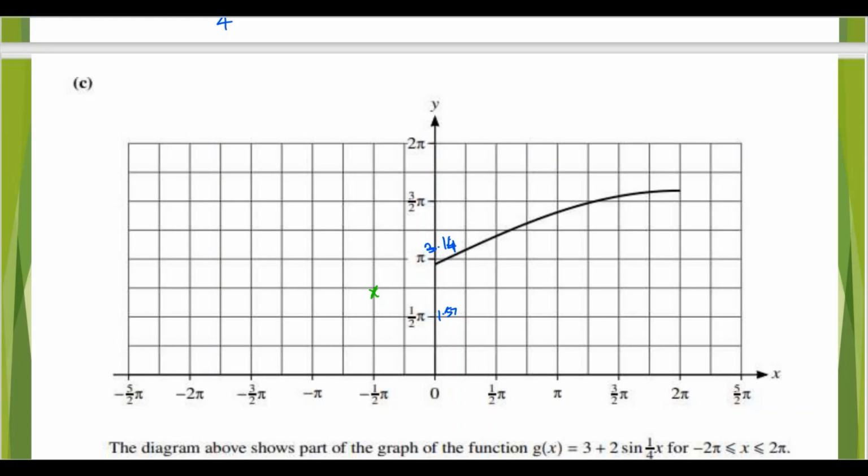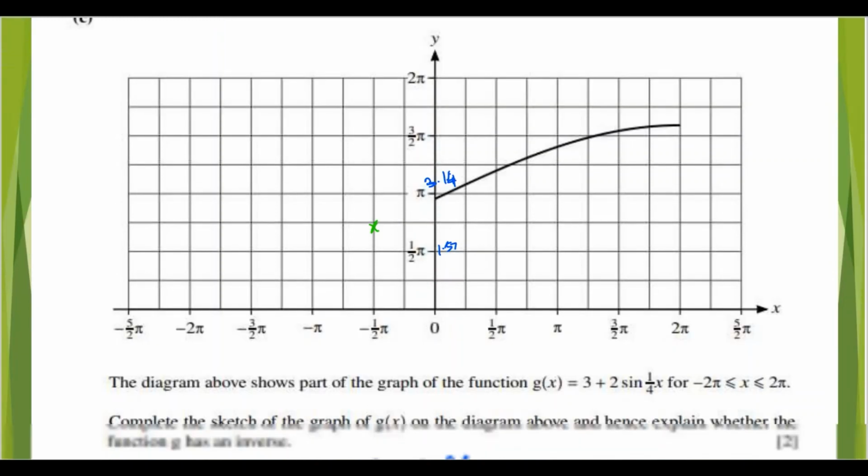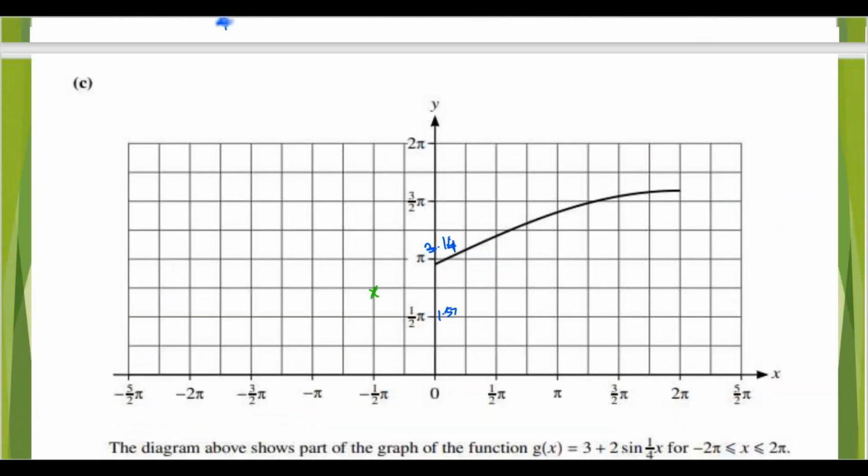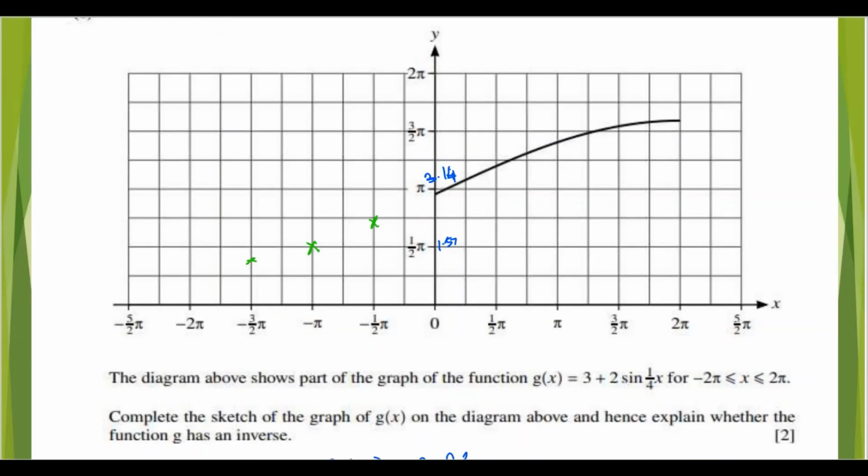Approximately, minus pi equal to 1.59. So you'll get a curve like this.